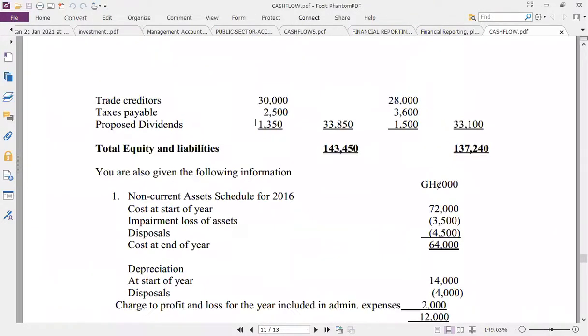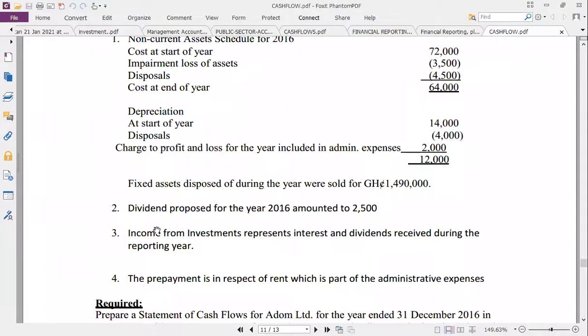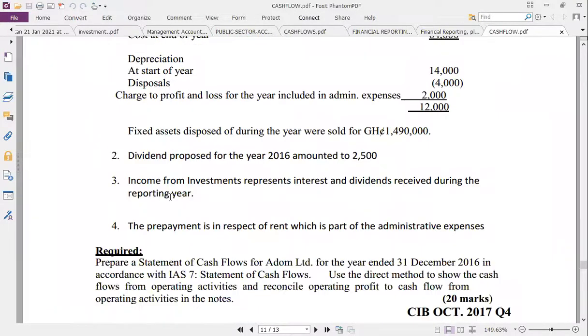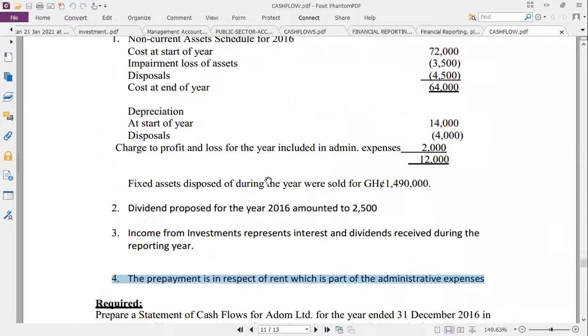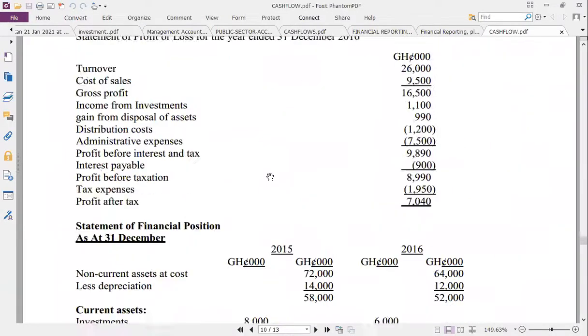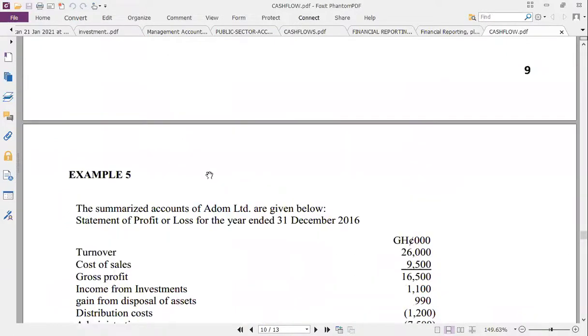It has a lot of issues. There's prepaid, and then there's prepayment. So can you tell me how you can treat a prepayment? Okay. So can you take note of this particular one? I'll make the question available. This is example 5. It's different from this material.